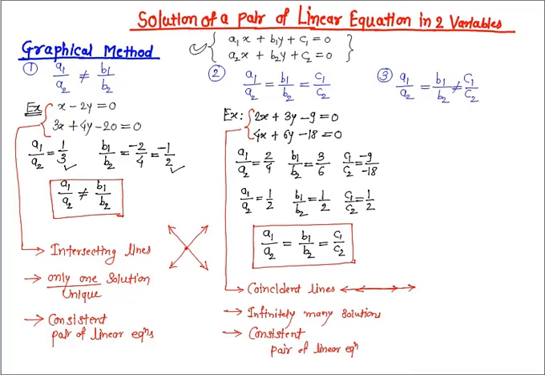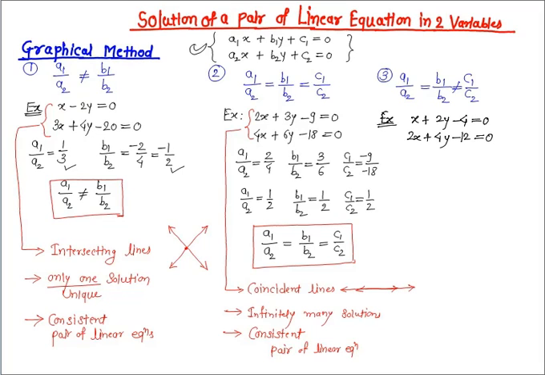Now let's understand third condition, that is a1 by a2 equals to b1 by b2 not equal to c1 by c2. Let's understand this from an example. A pair of linear equations is given here, x plus 2y minus 4 equals to 0 and 2x plus 4y minus 12 equals to 0.